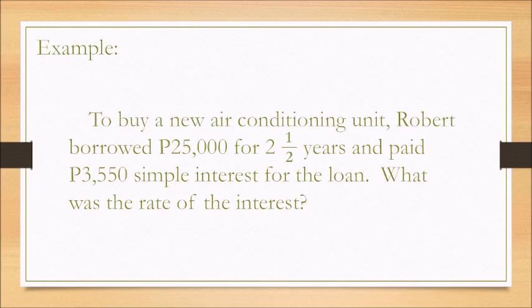Another example. To buy a new air conditioning unit, Robert borrowed 25,000 for 2.5 years and paid 3,550 simple interest for the loan. What was the rate of the interest? So this time, it's the rate we're looking for.